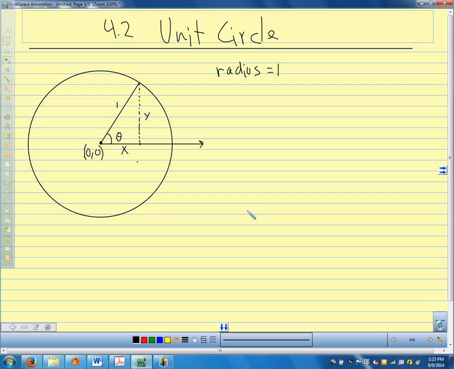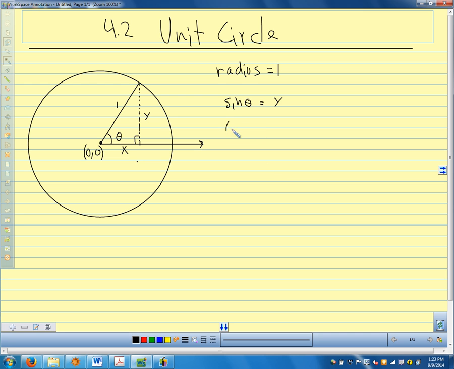How do we find the sine of an angle? And remember, this is a 90-degree angle. Opposite over hypotenuse. So sine theta equals the opposite side, y. The hypotenuse is 1. So we get sine theta equals y.